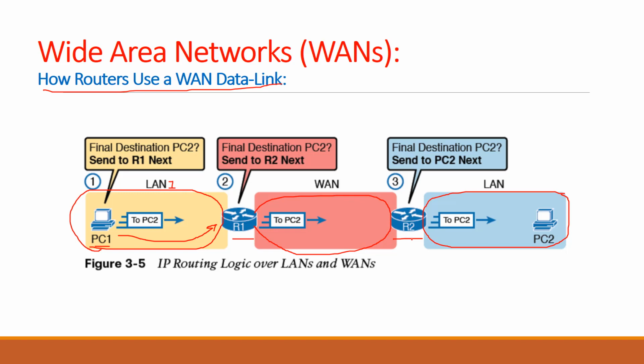Then R2 receives an HDLC frame that contains a header and trailer, and it removes the header and trailer, a process called de-encapsulation. Based on the destination network, the network where the destination host resides, R2 will re-encapsulate a new header and trailer and send the frame to PC2.